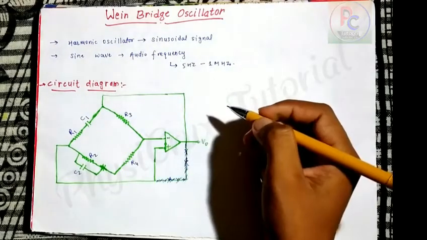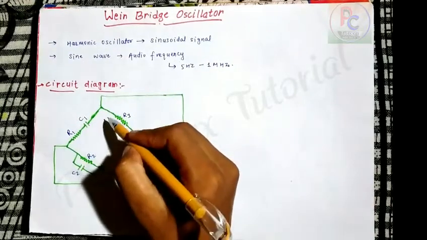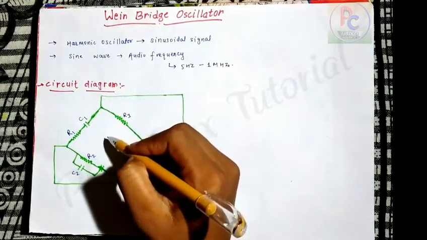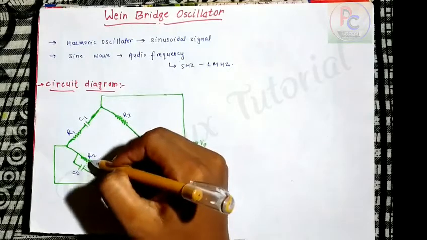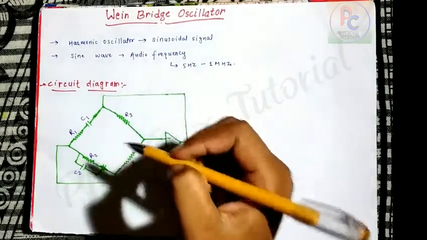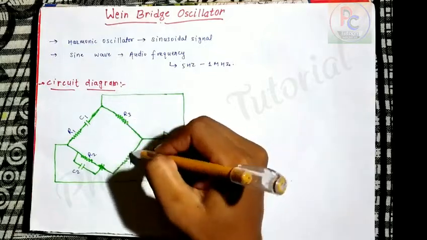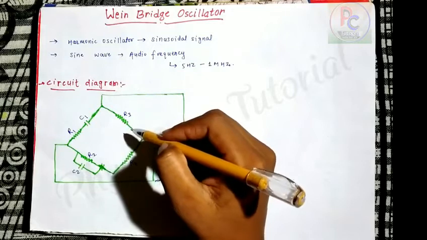We can see in the feedback part of the circuit there are two RC networks. One is in series combination and the other is in parallel combination. Here R3 and R4 are another part of the feedback circuit.